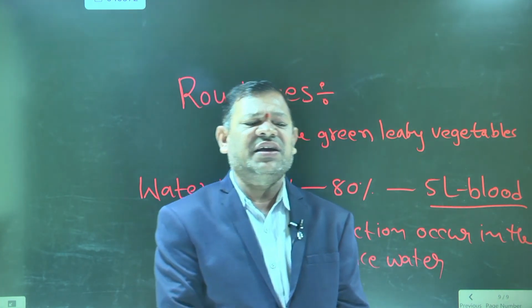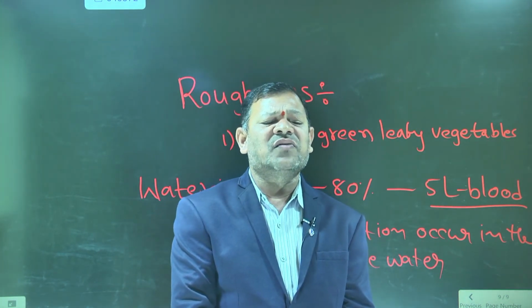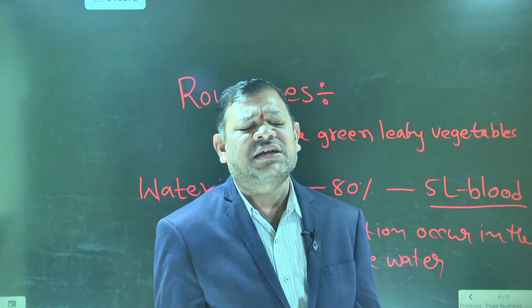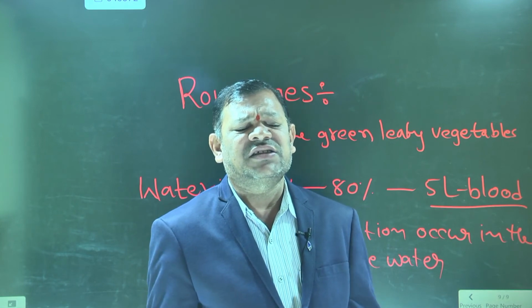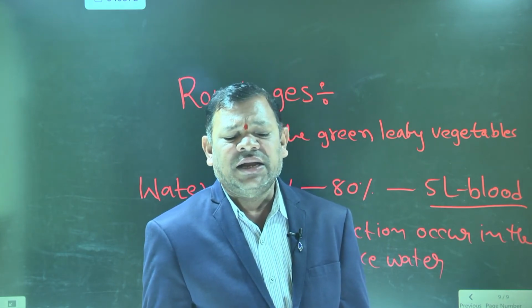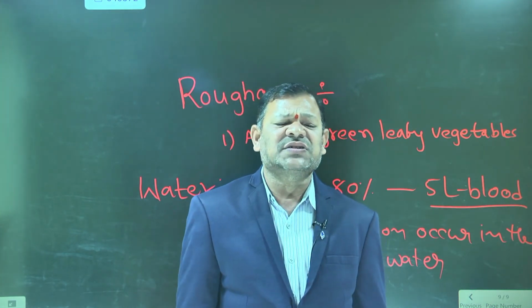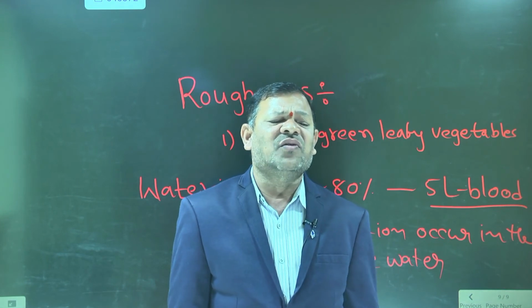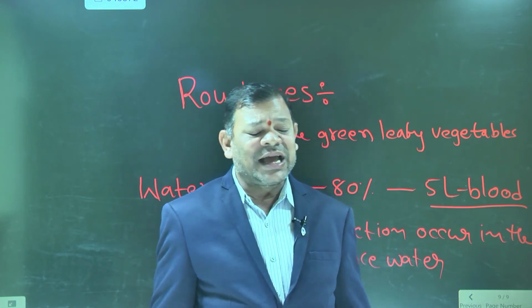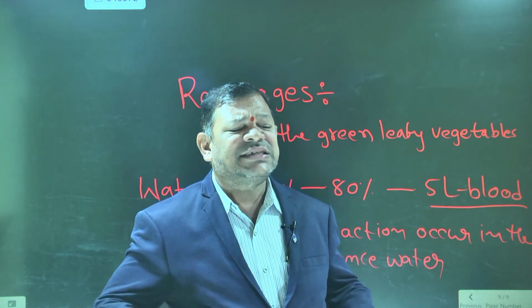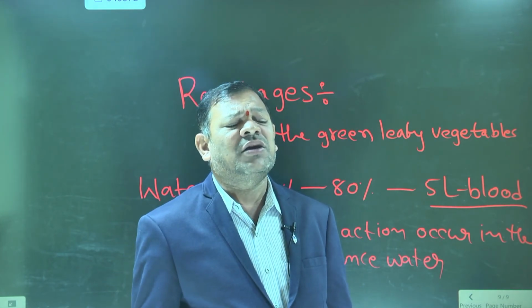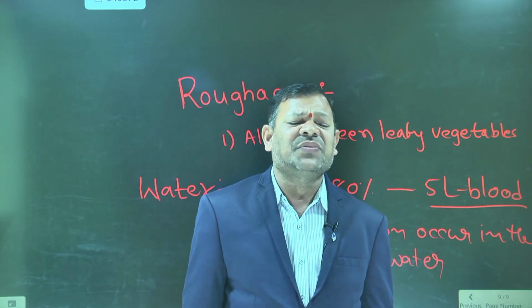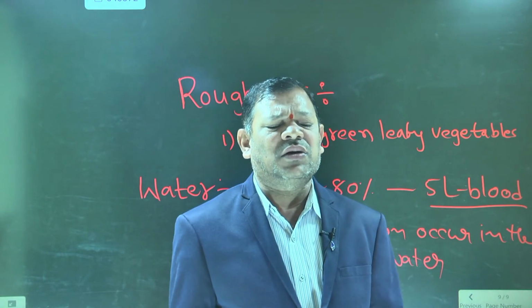What is the meaning of digestion? Conversion of a complex molecule into a simple molecule is called digestion, and it occurs with the help of water only. Next, the transport system. The food we eat, the oxygen we breathe, are sent to different parts of the body with the help of water only.